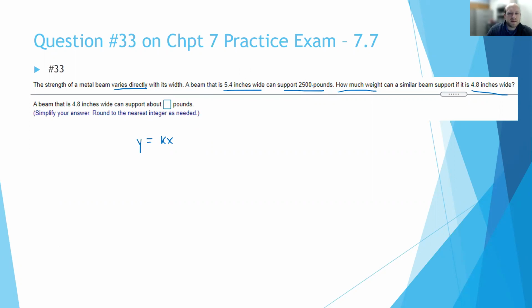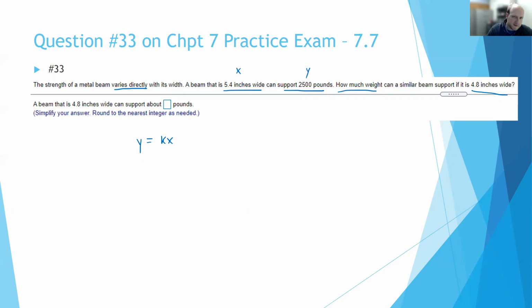But the pounds that the beam can support depends on how many inches wide it is. So inches is always going to be an x variable. Pounds would always be a y variable. And that's important when we substitute this into the problem. So go back to the section 7.7 lecture if you're not sure on that.